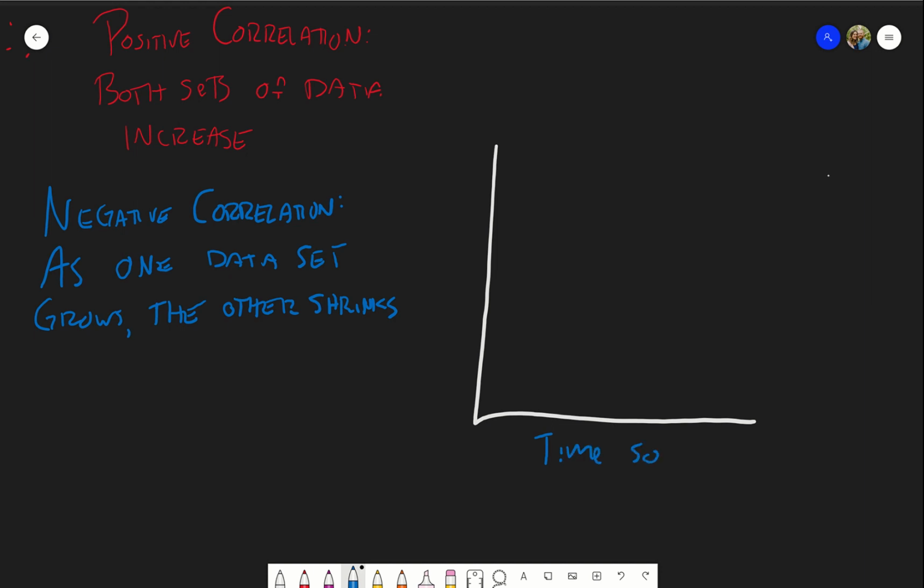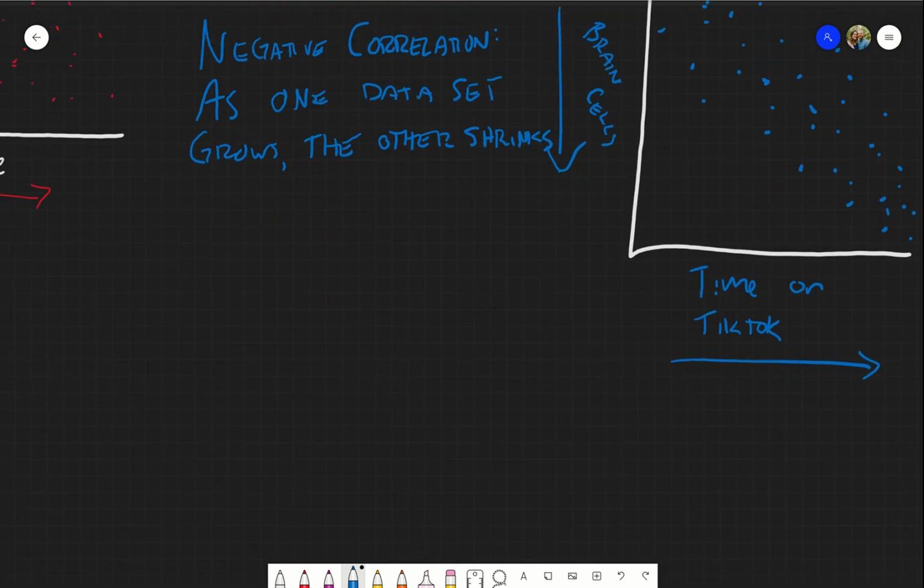Time on TikTok and brain cells. And so the more time you're on TikTok, the less brain cells you might have. And again, I'm just making up this data. This is not anything scientific, but this would be a negative correlation. The more time you spend on TikTok, the less number of brain cells you might have. Again, I'm making this up as I go along. It just happens to work perfectly. So that's the second type of correlation, a negative correlation.